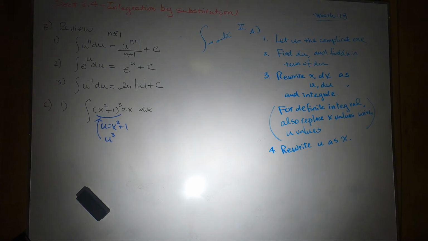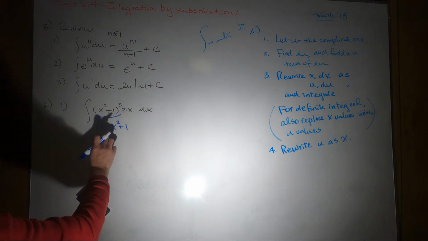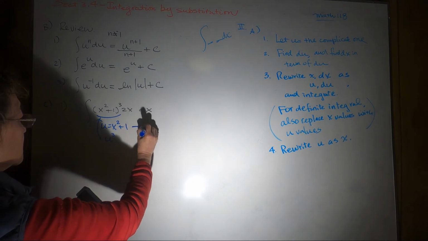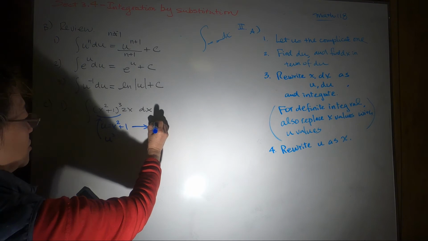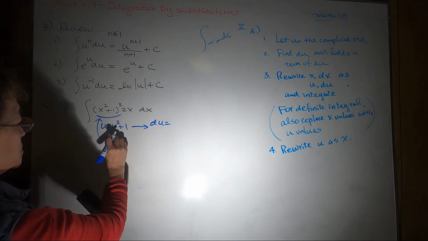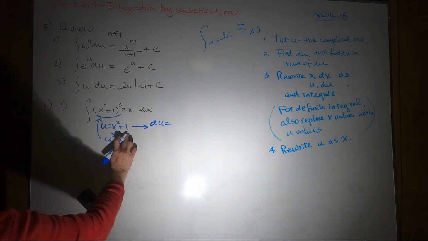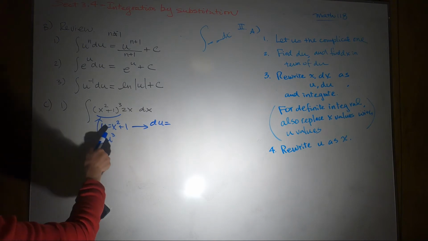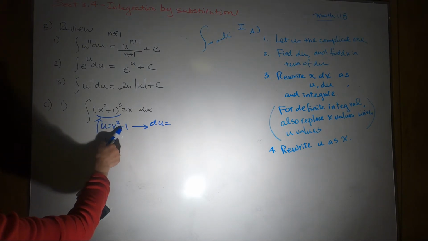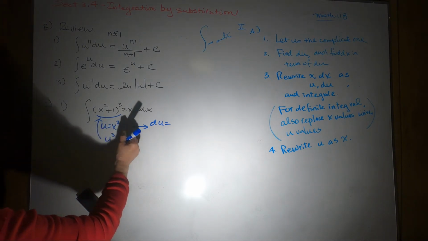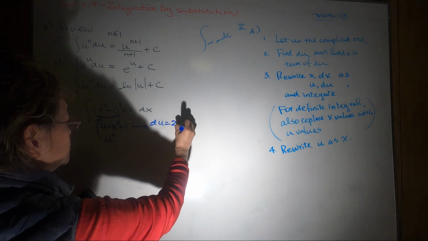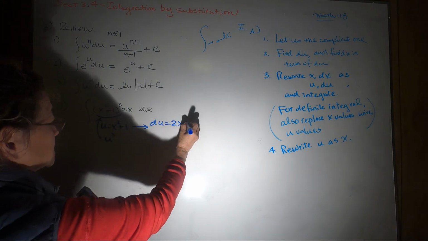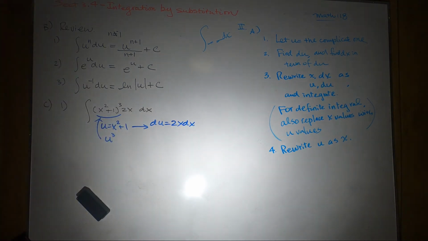Then take the derivative: du equals, on this side u, on this side x, so what do we have? We have 2x, the derivative, times dx. Is that right?